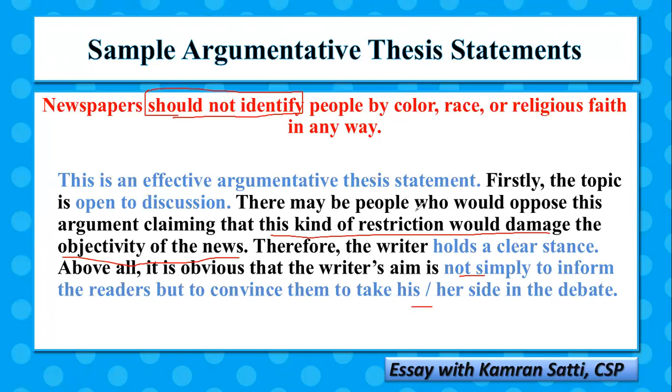Because there may be people who would oppose this argument, claiming that this kind of restriction would damage objectivity. Let's suppose you are restricting newspaper reporting from identifying religious groups, but if a harmful activity is perpetrated by a religious group, then you should be identifying it in that report. And if you don't, then the objectivity of the news is compromised.